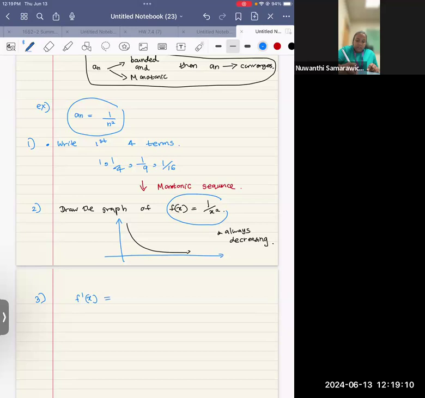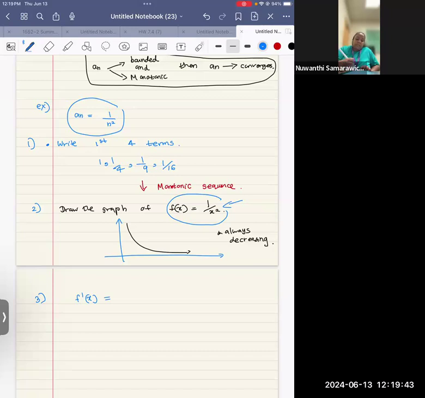What is the first derivative of 1 over x squared?